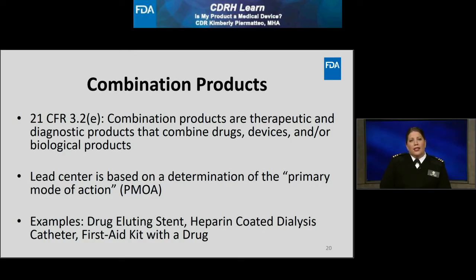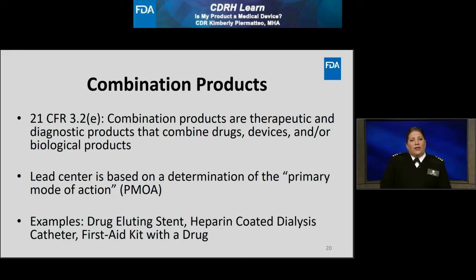A combination product is assigned to an FDA center or alternative organizational component that will have primary jurisdiction for that product's pre-market review and regulation. Under Section 503(g)(1) of the FD&C Act, assignment to the center with primary jurisdiction, or what is also referred to as the lead center, is based on a determination of the primary mode of action of the combination product.